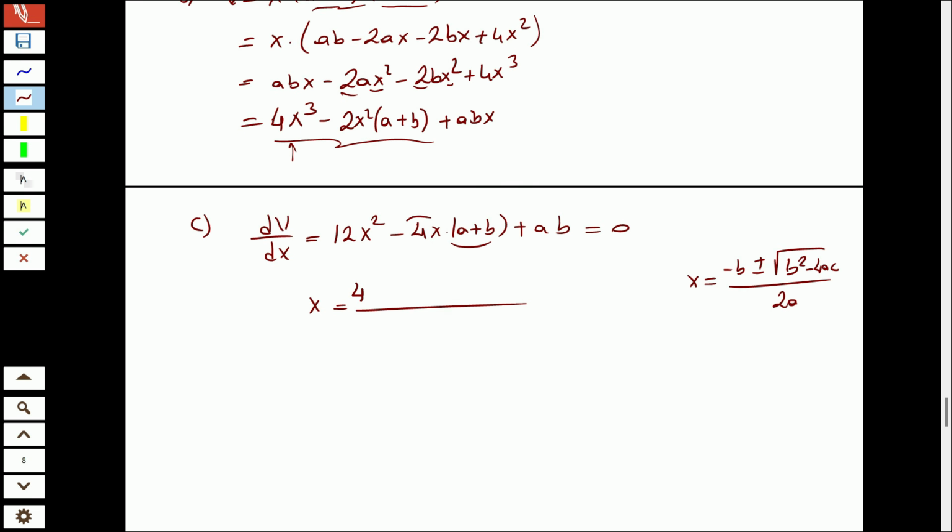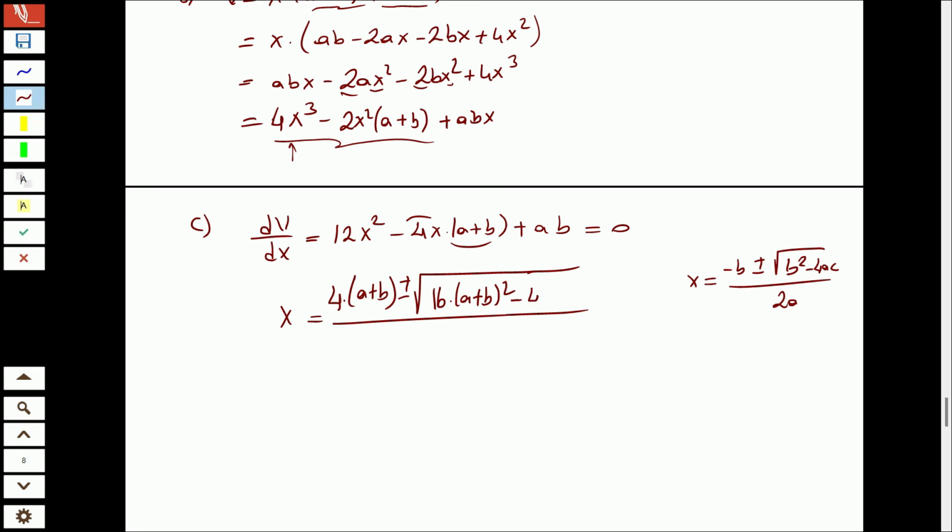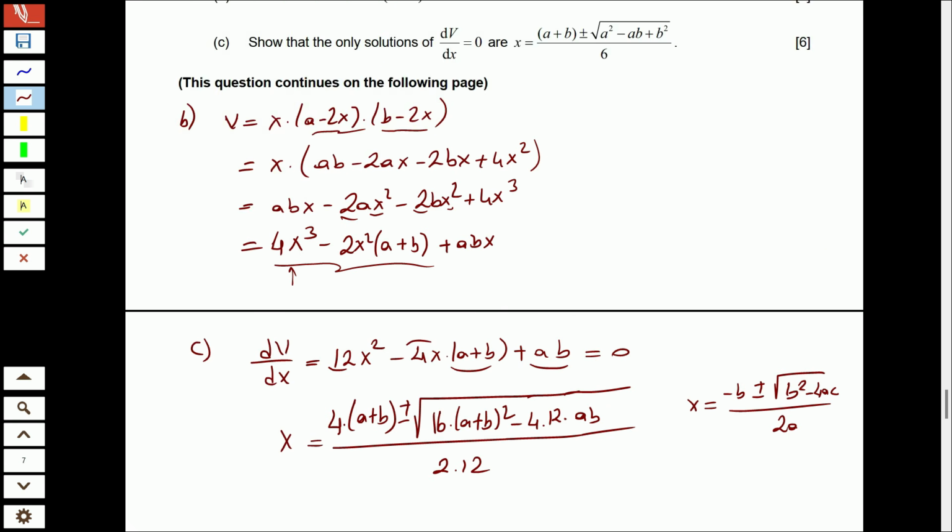So it is 4 times (a plus b) plus or minus the square root of, in this case, the square of b, which will be 16 times (a plus b) squared, minus 4 times a, the leading coefficient, and c is the constant without x, this one. We will divide it by 2 times 12, okay?